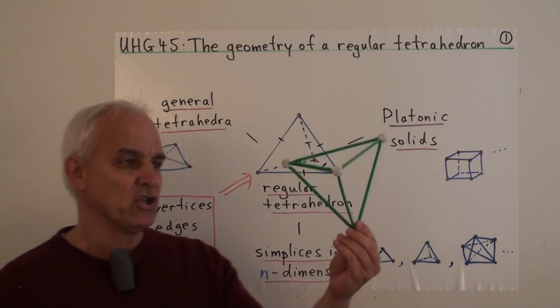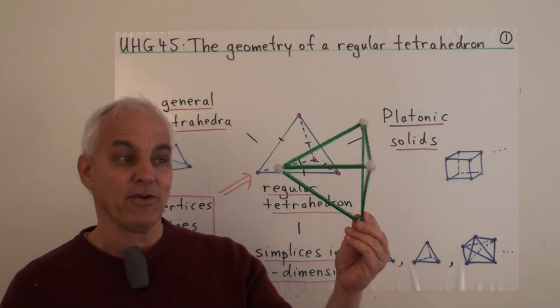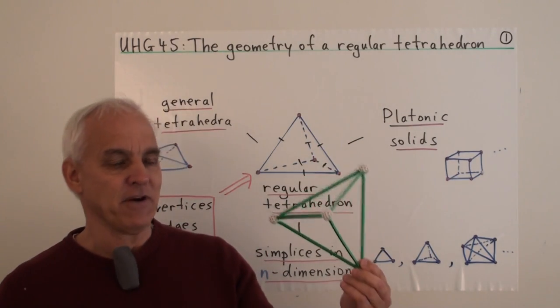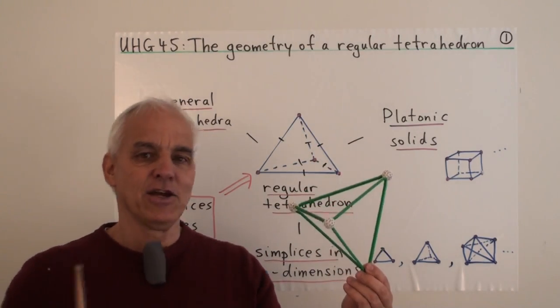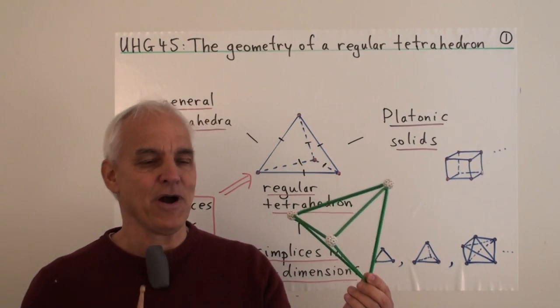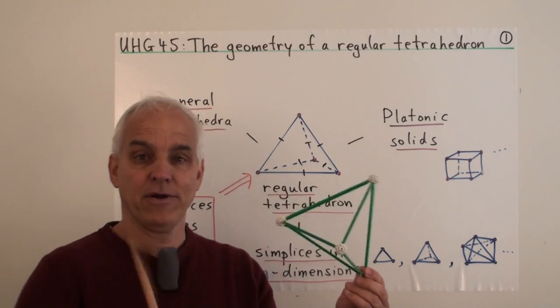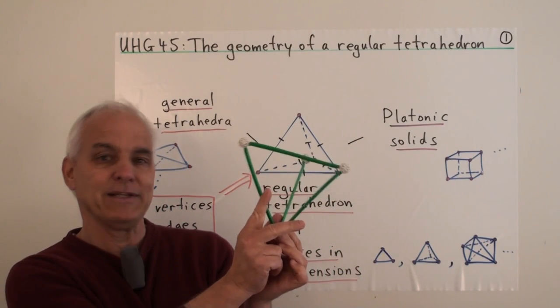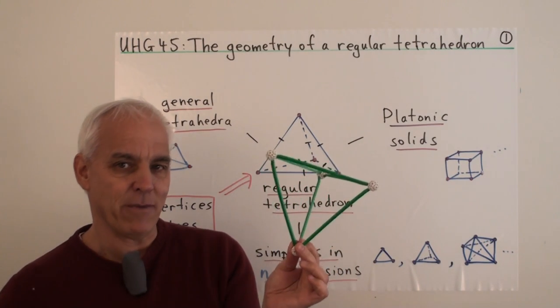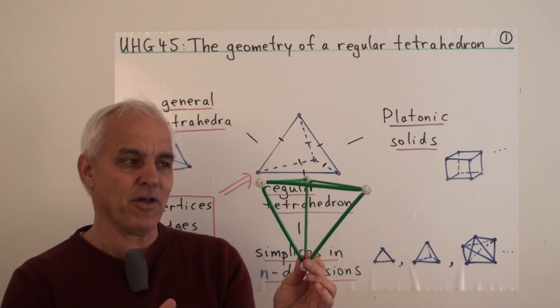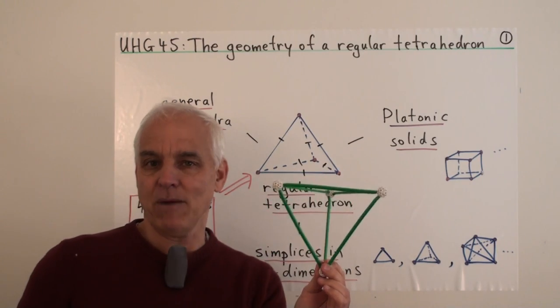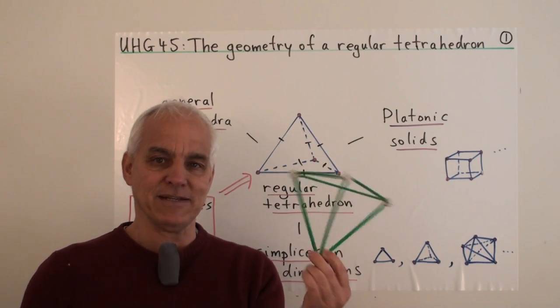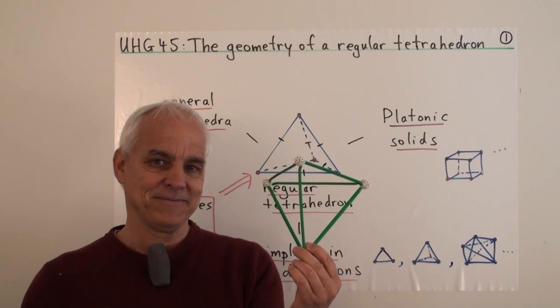Today we're going to look at the geometry of this regular tetrahedron, which is very pleasant and gives us a chance to apply our understanding of both planar affine trigonometry and projective or elliptic trigonometry. We're going to be combining both of them in understanding the 3-dimensional geometry of this simple but lovely object.